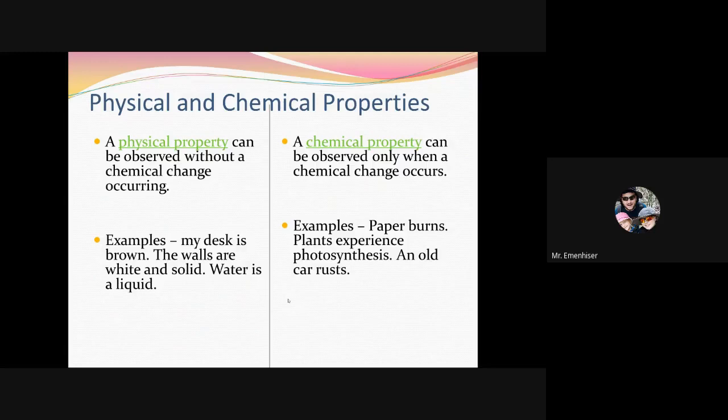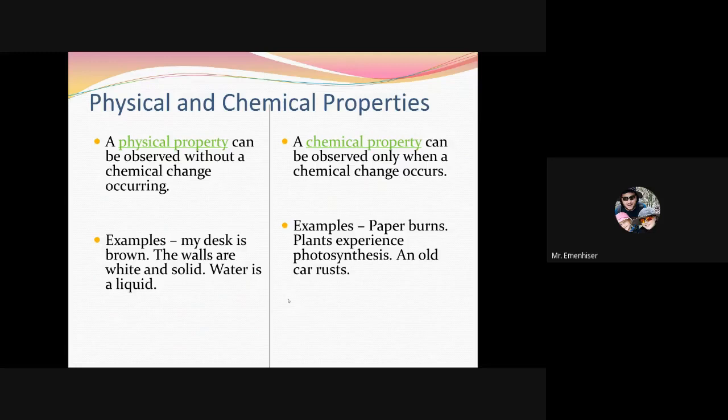All right, now chemical properties can only be observed when a chemical change happens. So a chemical property would be how flammable something is, right? If you take something and burn it, how easily does it burn? So when paper burns, or plants experience photosynthesis, that's a chemical process, right? So that's a chemical property. We know that plants can do that.